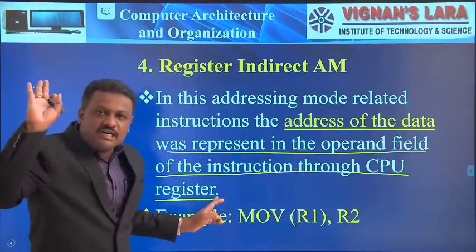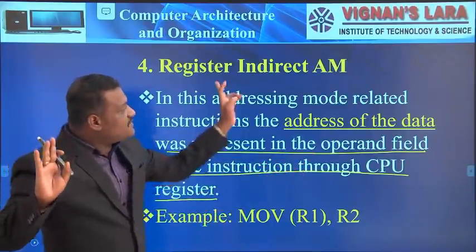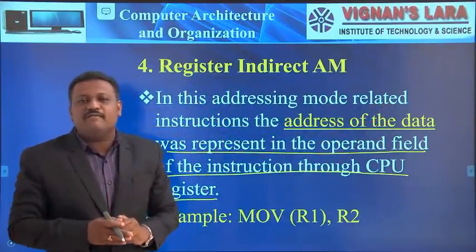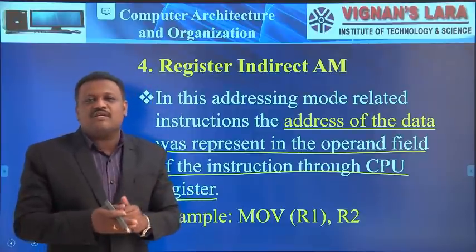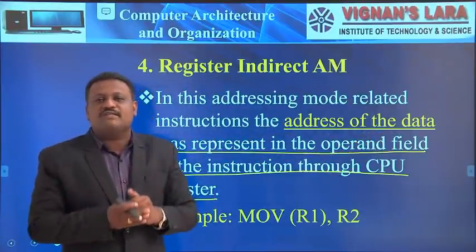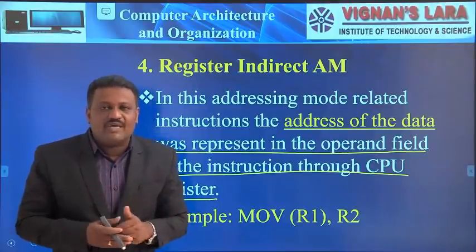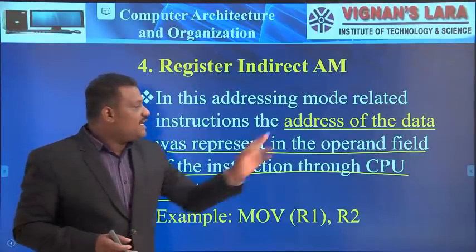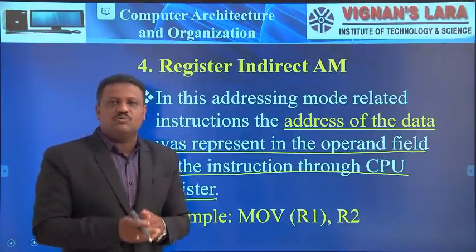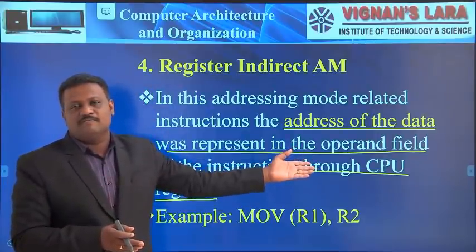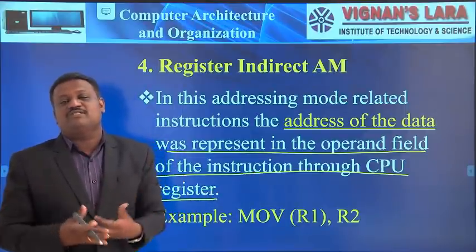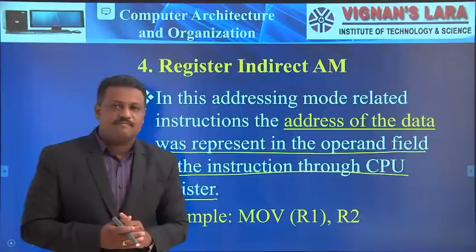What happens in direct addressing mode? The address of the data is directly represented in the operand field. What happens in register addressing mode? The data is represented in the instruction operand field through a register. But now, the address of the data is represented in the instruction operand field through a CPU register. That means in this particular case, I can provide some more extra security for your data.